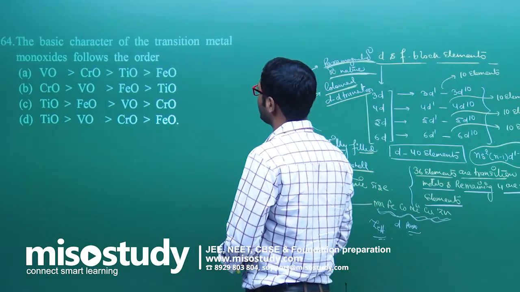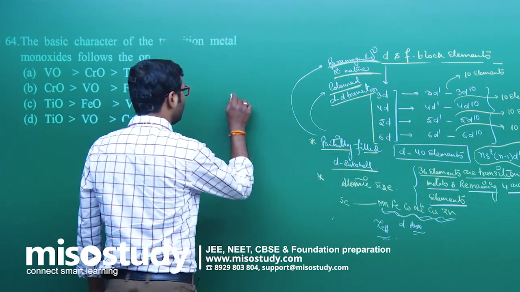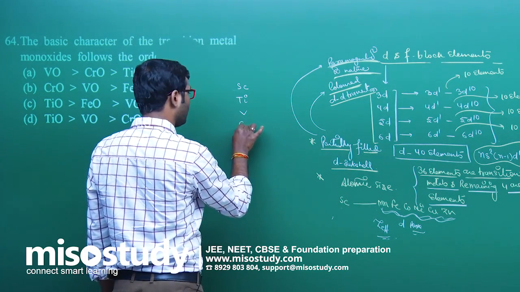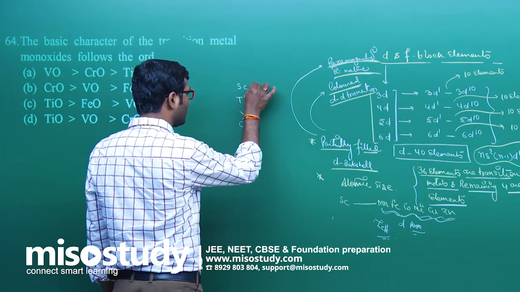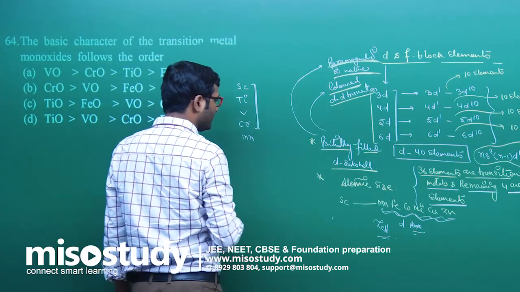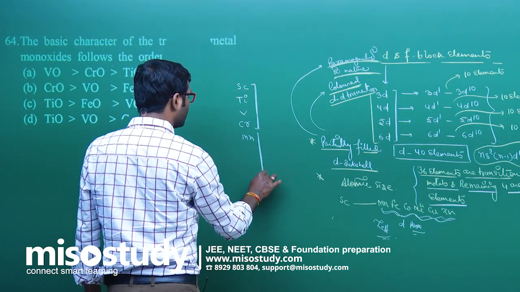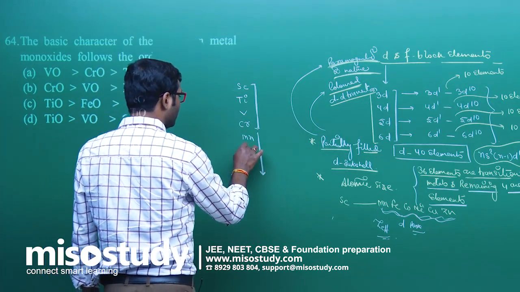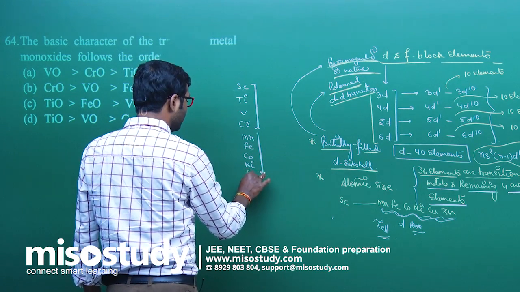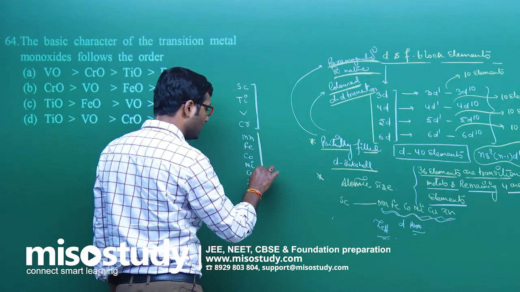Now the question arises: the basic character of the transition metal monoxide follows the order. When we move from scandium, titanium, vanadium, chromium, and then Mn, what we observe is that from scandium to chromium the size decreases, then after that the size is almost the same. In the case of Mn, Fe, then Co, Ni, Cu and Zn, they have almost the same atomic size.